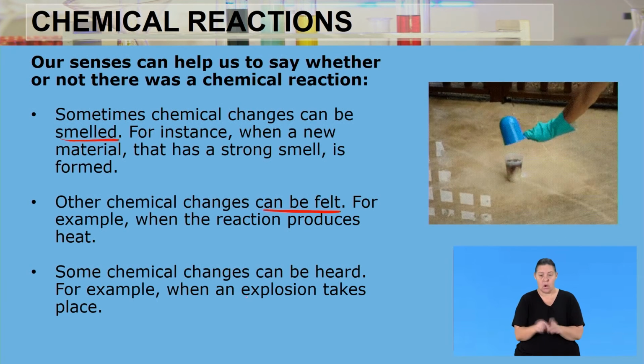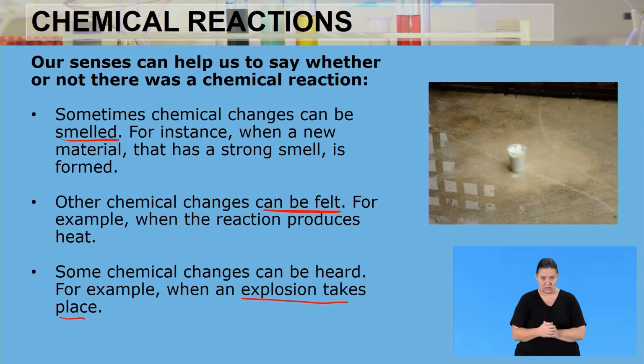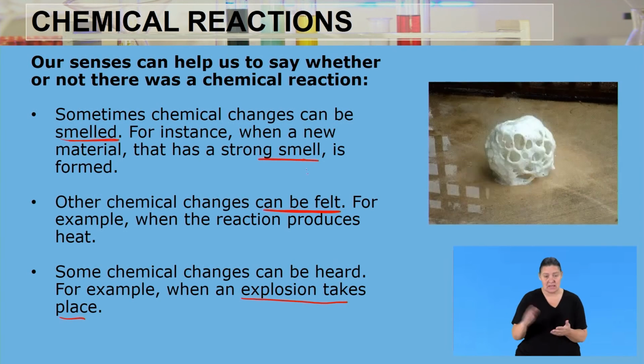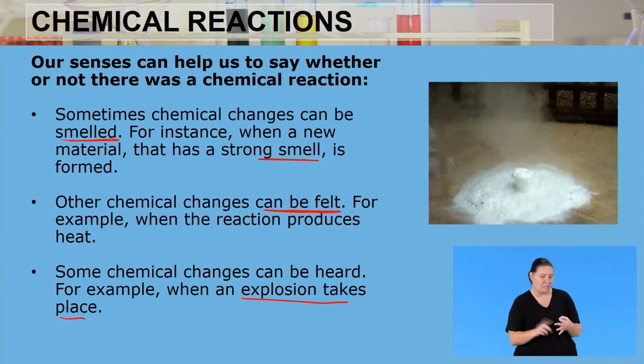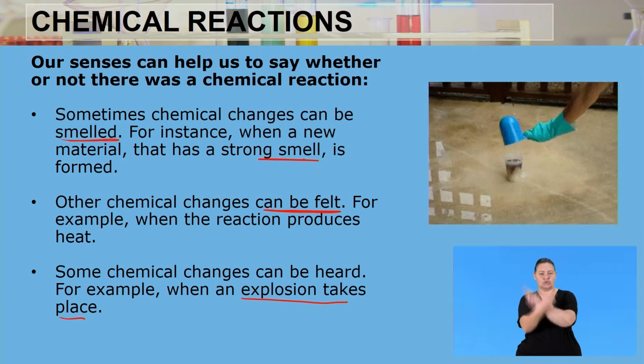An explosion is an example of a chemical change. So sometimes we can smell, sometimes we can feel, we can also hear, and even sometimes see the color changes. We have seen that there is a color change in this particular reaction. And if one of those things has happened, then for certain we can say that a reaction has taken place.